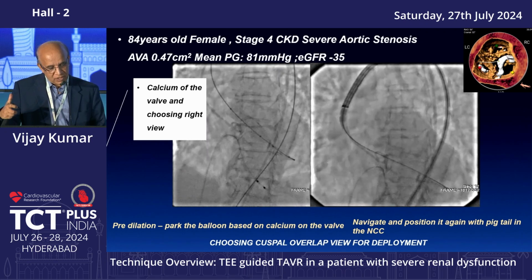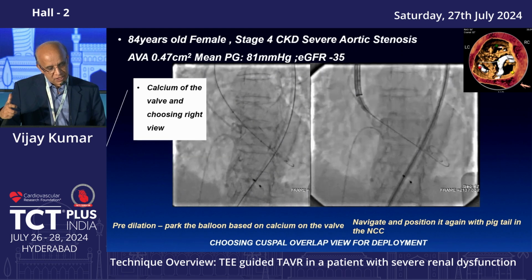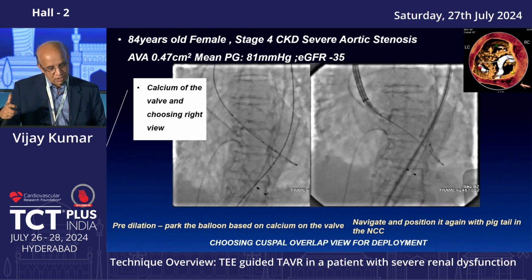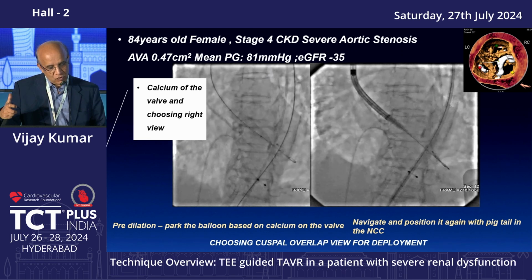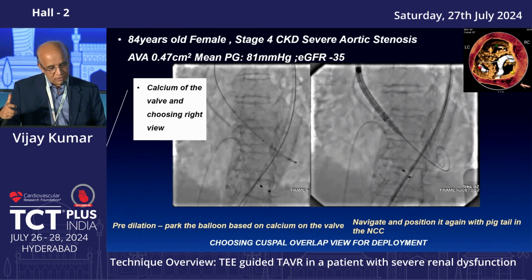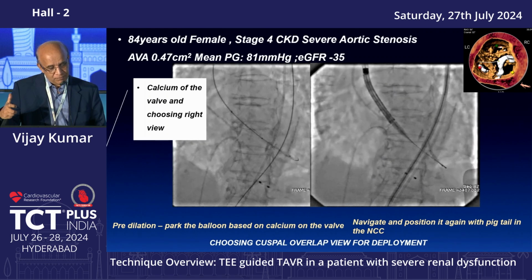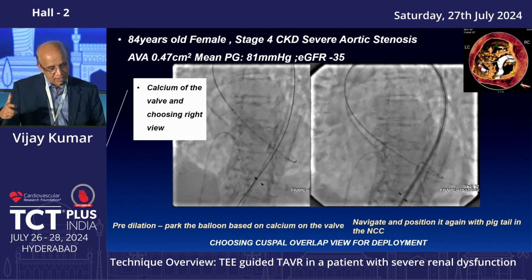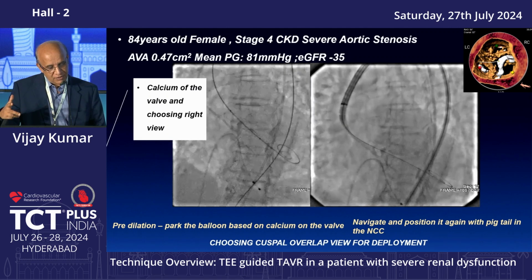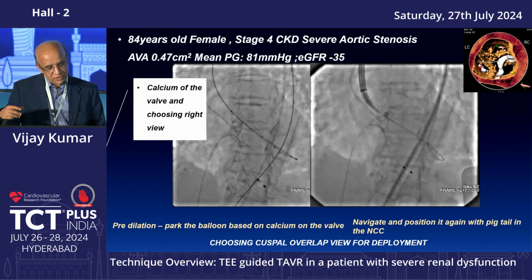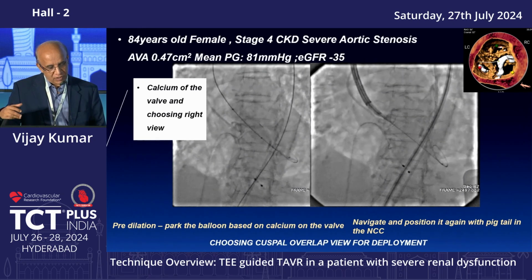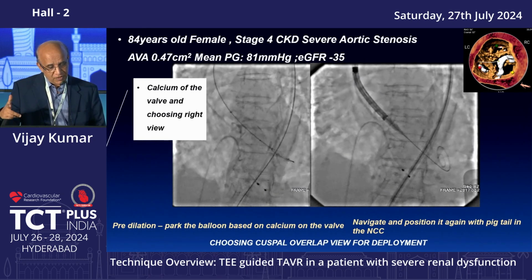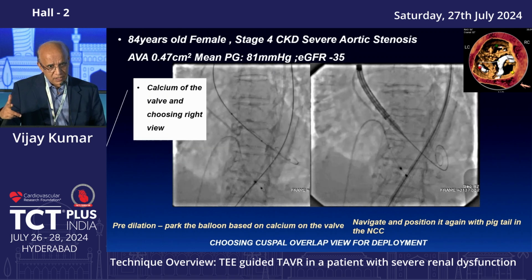You are well below the annulus, and in the cuspal overlap view, if you are positioned well below, and your marker band on the device, which will help where to start, is usually the mid part of the pigtail, then you start unsheathing and finally deploy it without even a check of contrast, or maximum maybe 5 ml of contrast you can give.